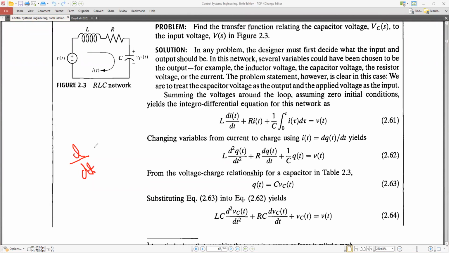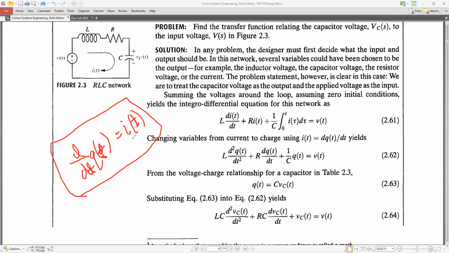So d/dt of q(t) is equal to the current. The charge per unit time is equal to the current. So we have changed this one.